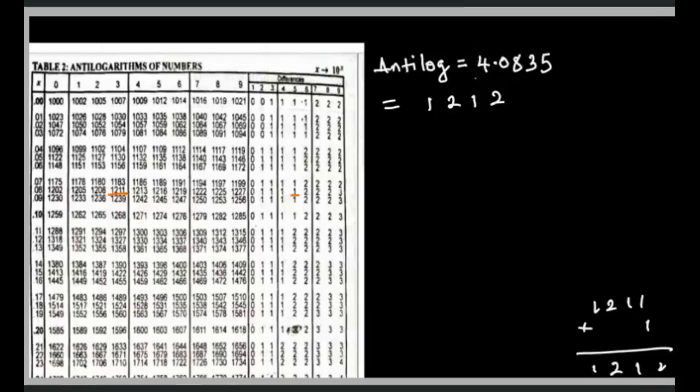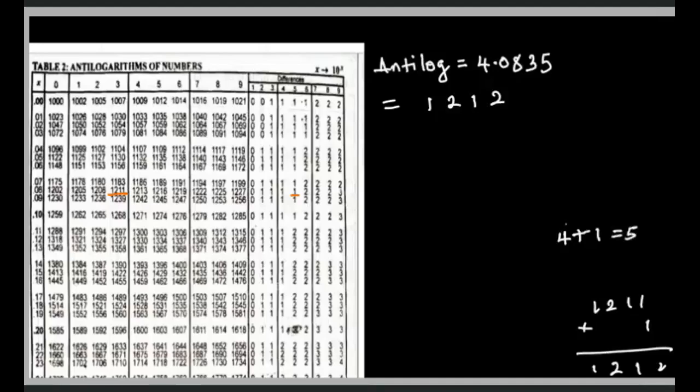We have 4 as the whole number. Whenever you have antilog, for the whole number you always add 1 to it. Since we have 4 in the whole number, we add 1 to that 4. It becomes 5.